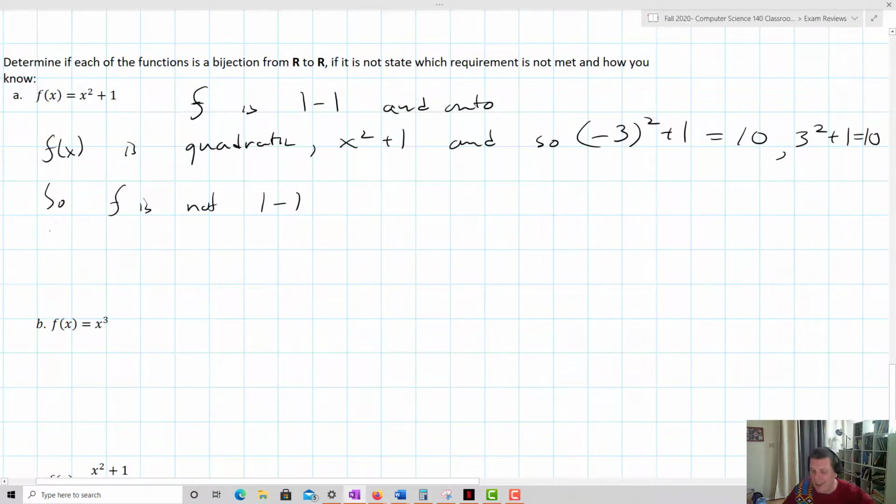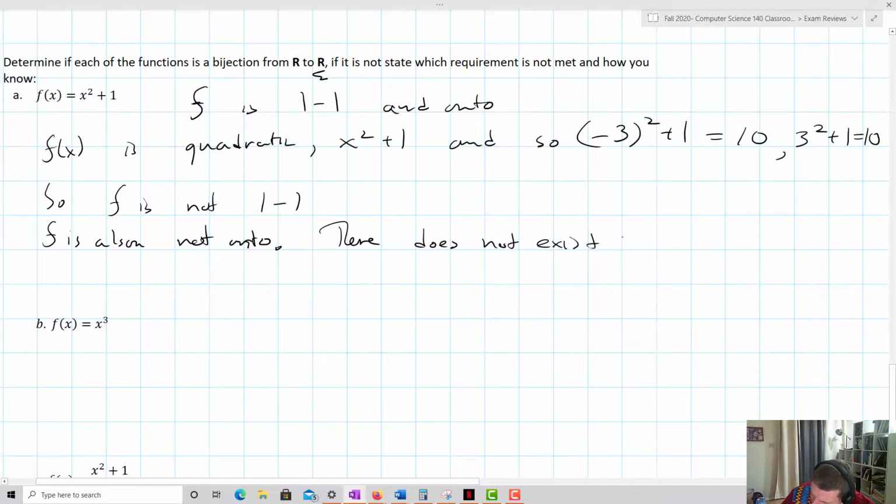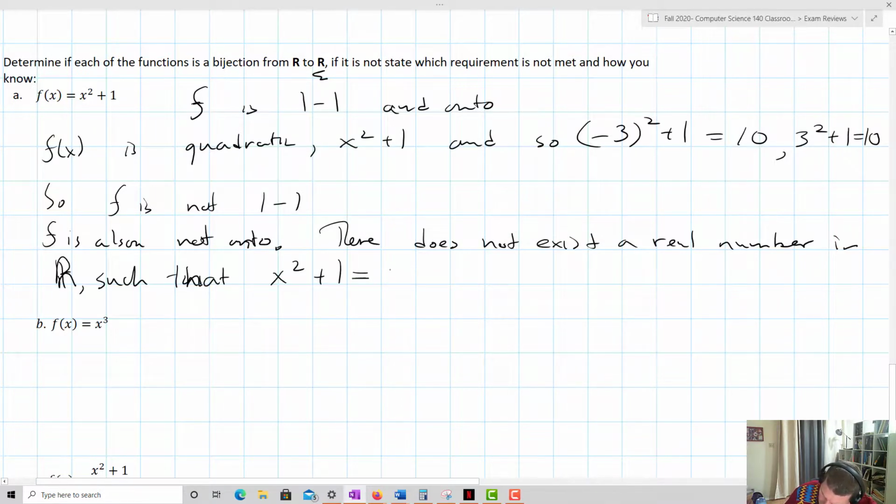But here's the other thing: f is also not onto. Notice that we're going from R to R, so our codomain is R. f is not onto because there does not exist a real number in R such that x squared plus 1 is equal to 0.